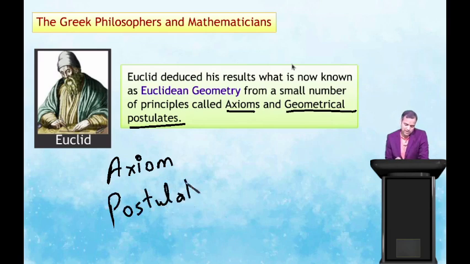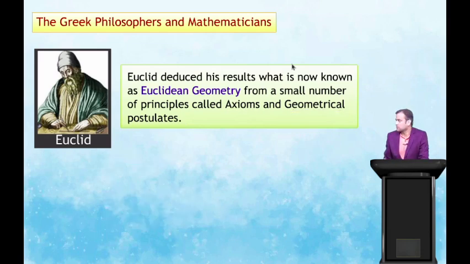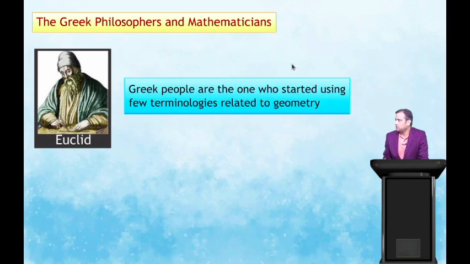So these are the two kinds of principles which were given by Euclid. So these all are related to the geometry field. The Greek people are the ones who started using a few terminologies related to geometry. So they gave the first and primary terminologies related to geometry.